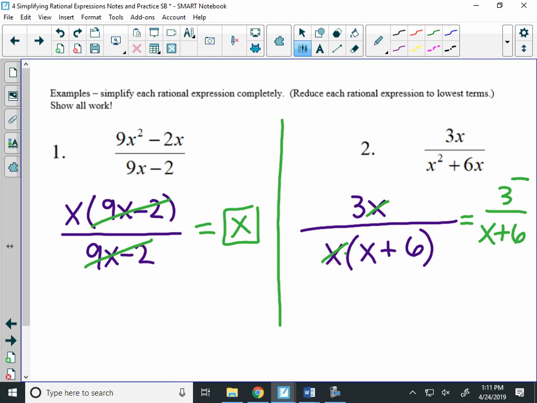The reason I have to do that is because you remember earlier this year we did that algebraic atrocities worksheet. And we said you can't cancel things like fractions like this with a plus in the denominator because the plus is blocking you from that. You could only cancel if that was multiplication. Since it's addition, that's as simplified as you can go.